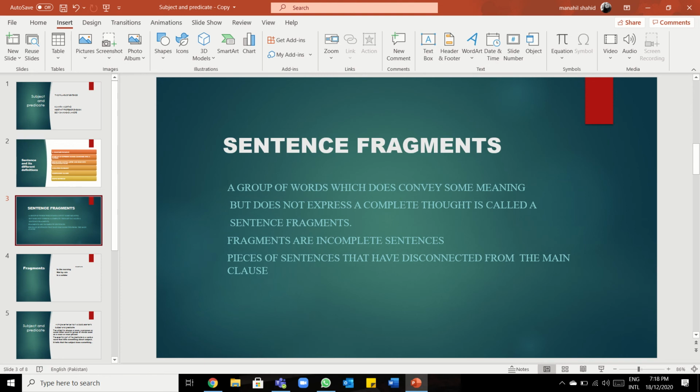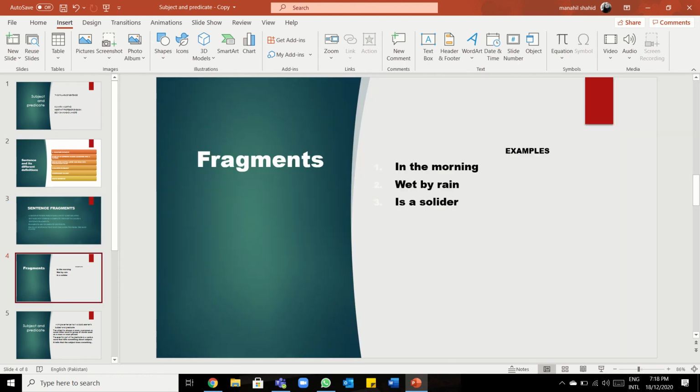Fragments are also pieces of sentences that have disconnected from the main clause. Now we are going to discuss fragments, parts of the sentence. They don't have the complete thought.